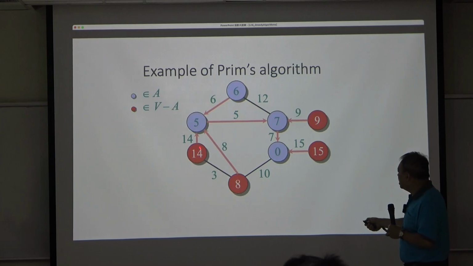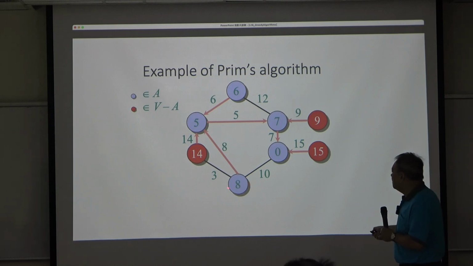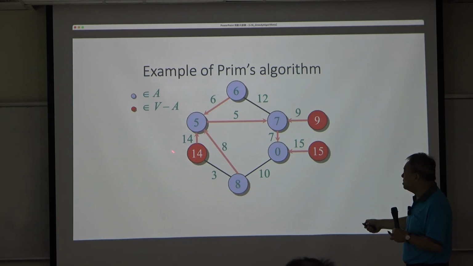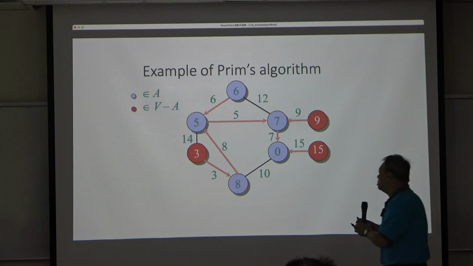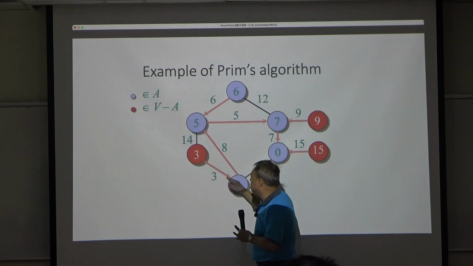Then we check which has the smallest key, which is 8, so we include 8. Once you include 8, this neighbor, originally 14, has its key reduced to 3. So next to be added will be this node, or this edge.